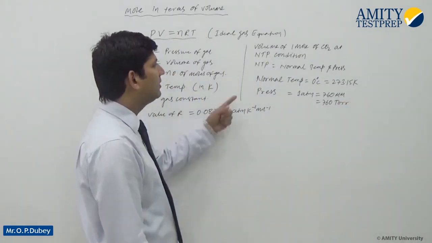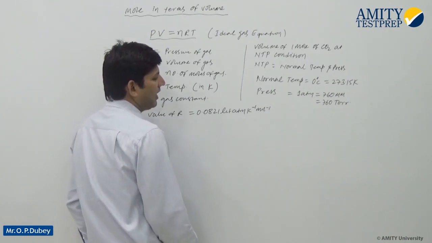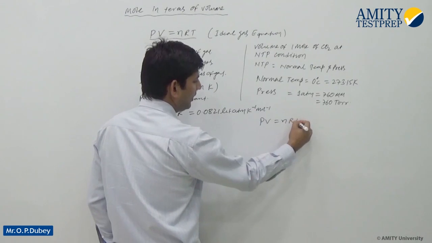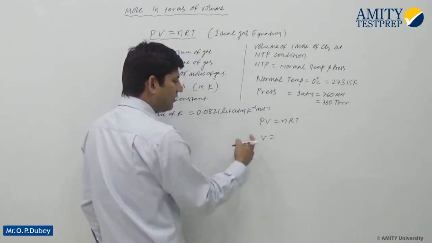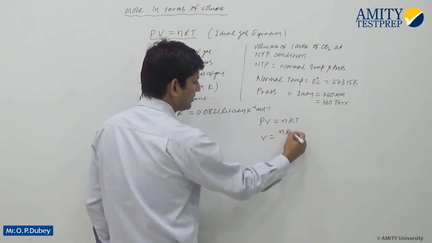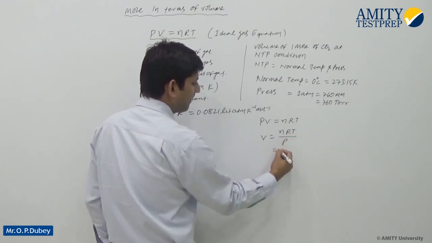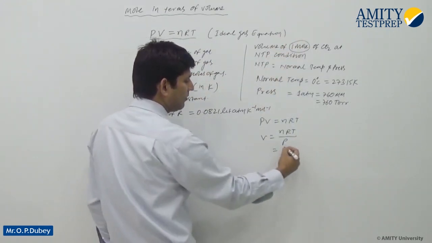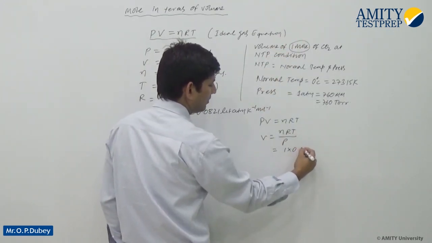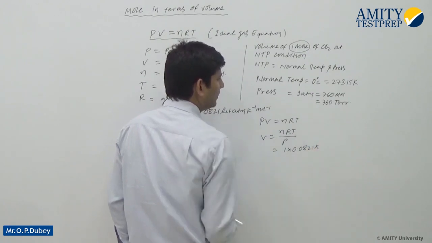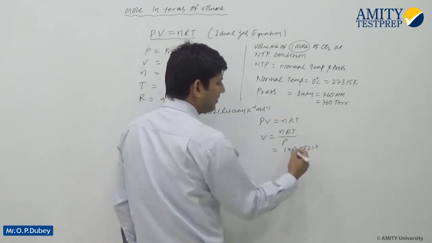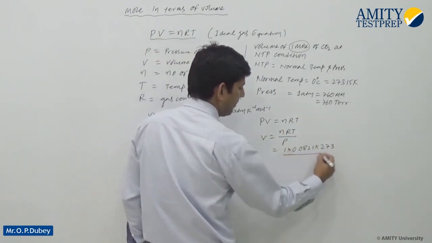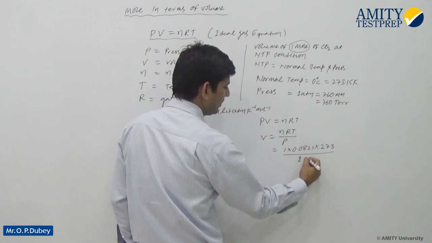If we have to calculate the volume of 1 mole of gas at NTP condition, from the ideal gas equation PV = nRT, the volume of a gaseous chemical substance is V = nRT/P. The number of moles of CO2 is 1 mole, the value of R is 0.0821, the temperature is approximately 273, and the pressure is 1 atmosphere.